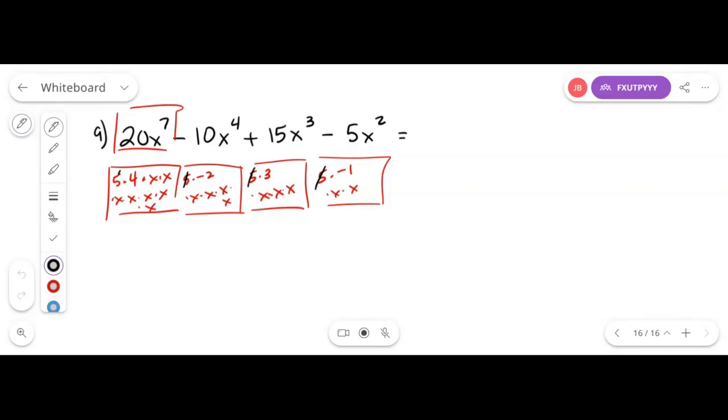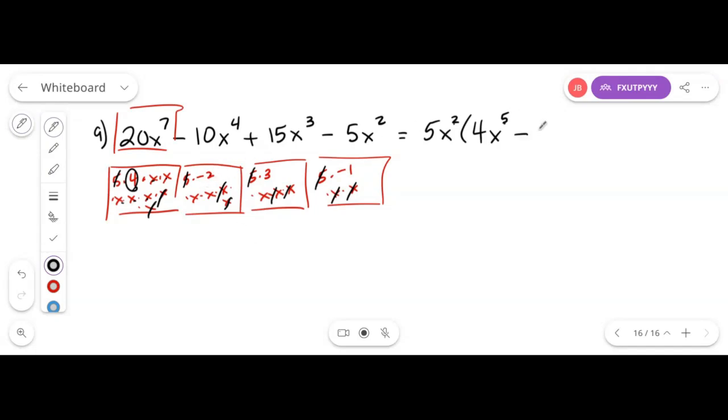5 can come out of every box. X and another X. I'm left with 4, x to the 5th. 2 from 7 is 5.